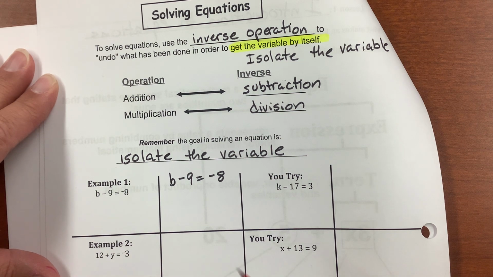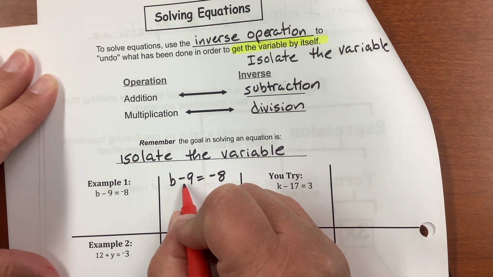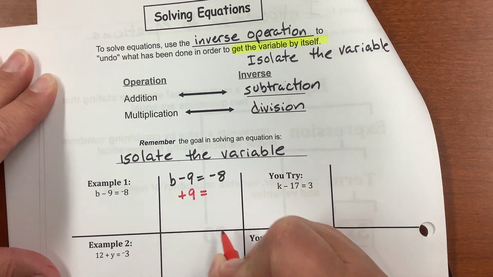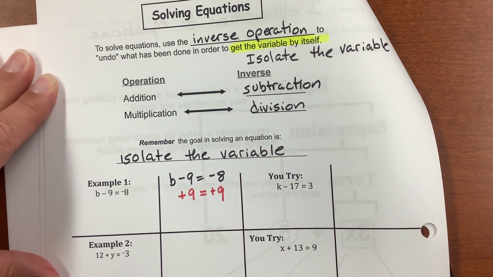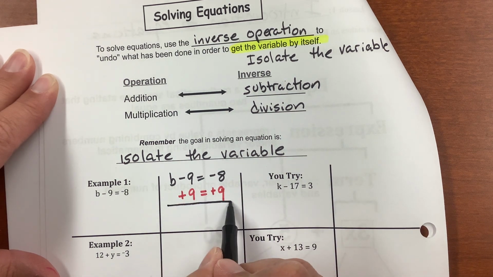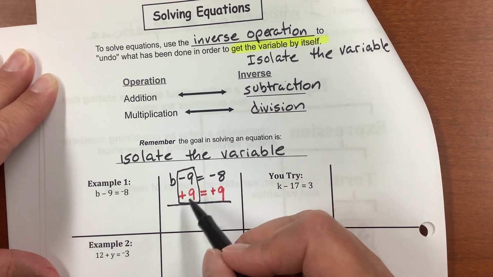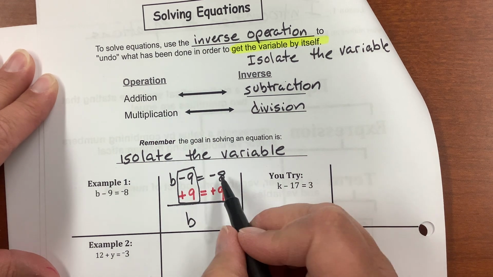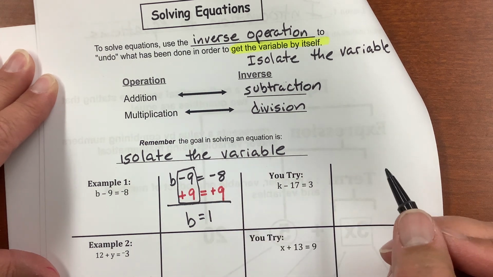So in order to isolate that variable, I have to get rid of this 9. And the inverse of minus 9 is plus 9. If you do it to one side of the equal sign, you have to do it to the other. So I'm going to add 9 to both sides. B plus 9 minus 9 becomes 0. I want that to disappear because I want the B alone. Negative 8 plus 9 is 1. So there's my solution, 1.